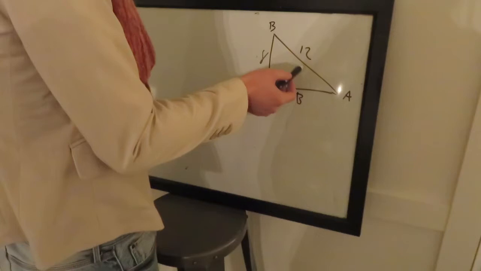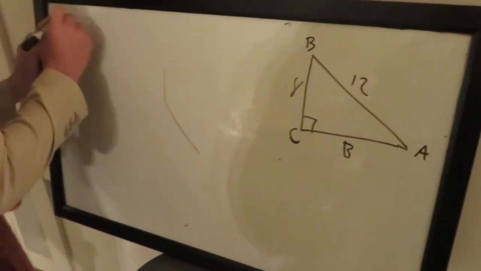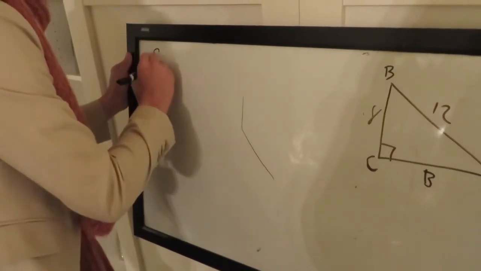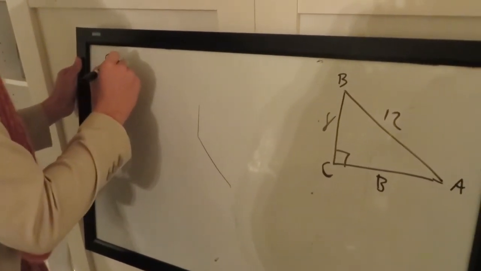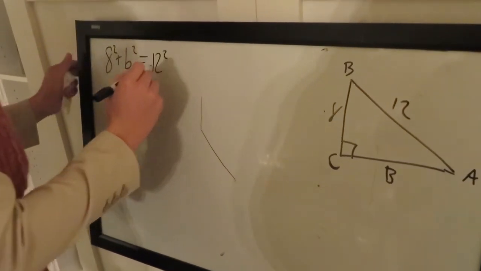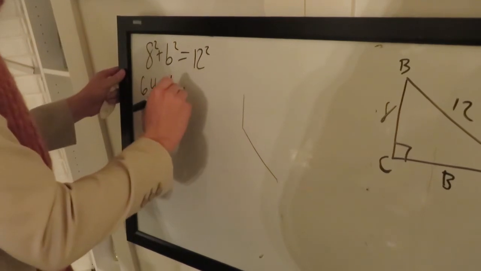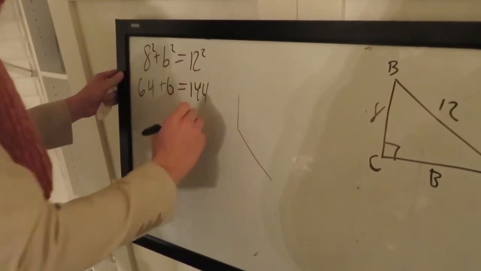For this problem, we're solving the right triangle, given these two sides. So first, you use the Pythagorean theorem to solve for b. So 8 squared plus b squared equals 12 squared, which then equals 64 plus b squared equals 144.